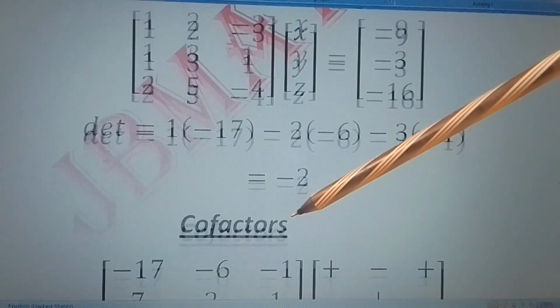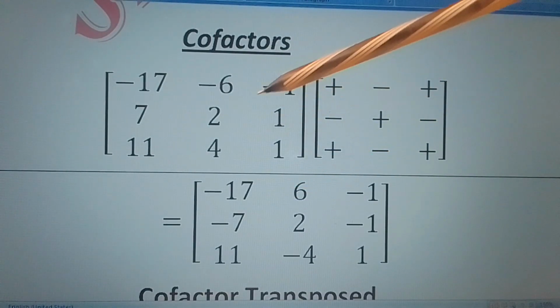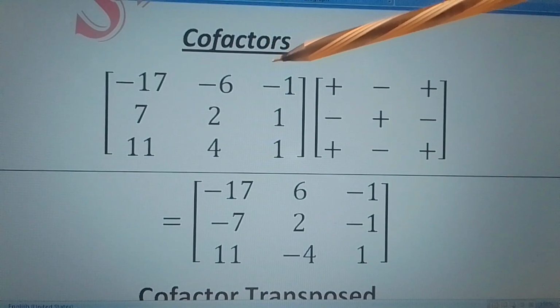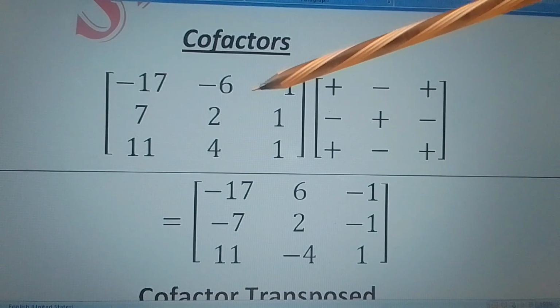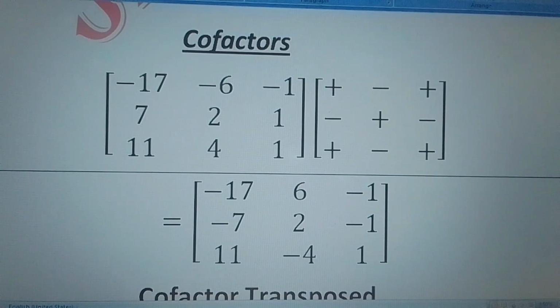Having found the determinant of the matrix, we can now go ahead and find the cofactors of the matrix. Also for the cofactors, you can check our previous video on how to find the cofactors of a 3 by 3 matrix.